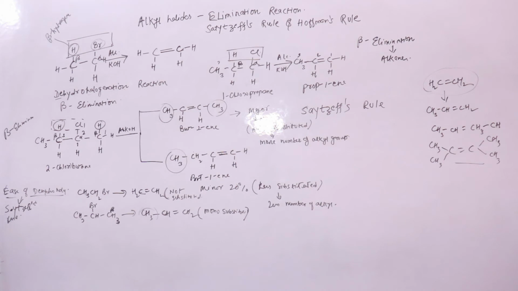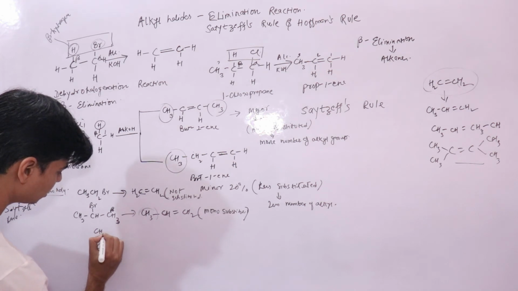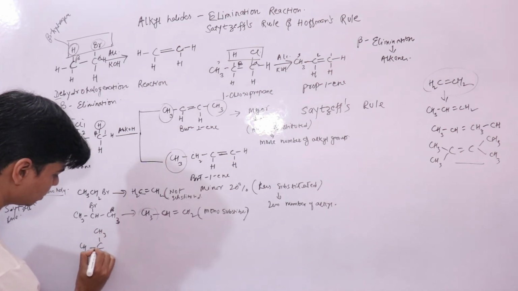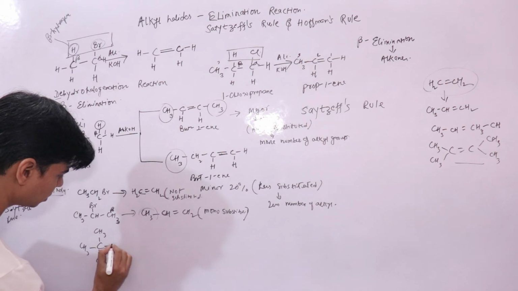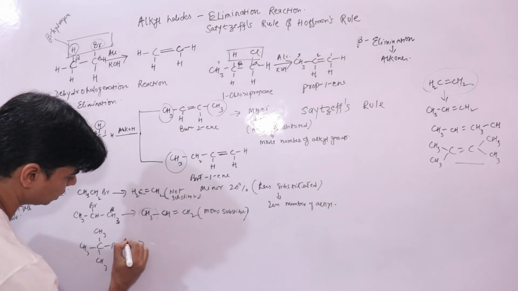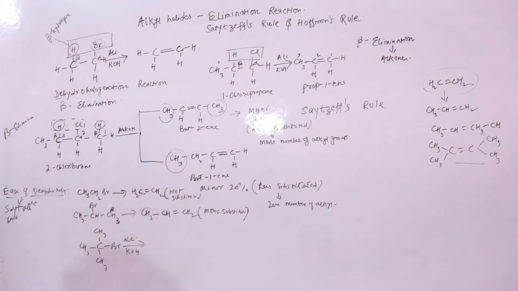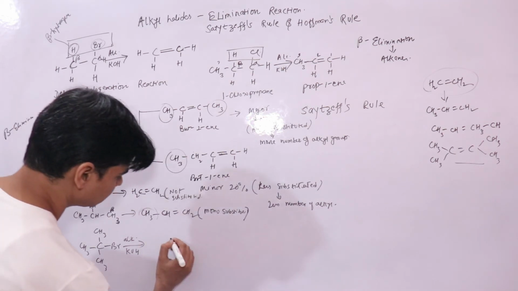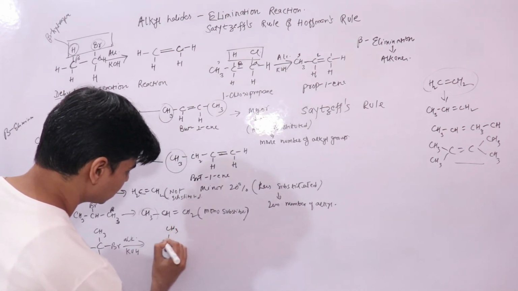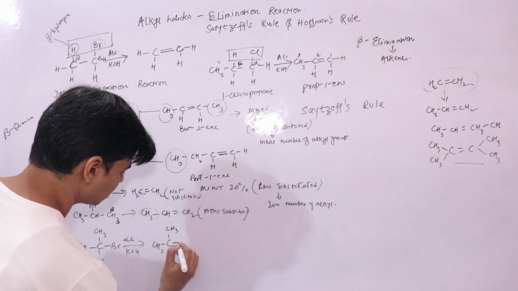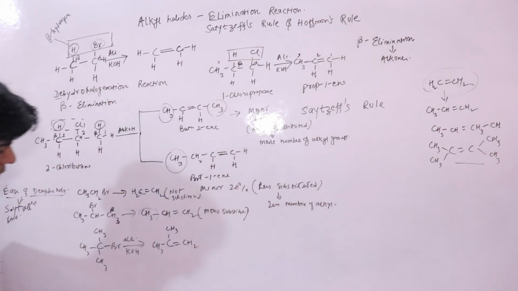Right, now let's take a tertiary butyl halide. This is your alcoholic KOH. In this case the alkene that will get formed is this one, right?